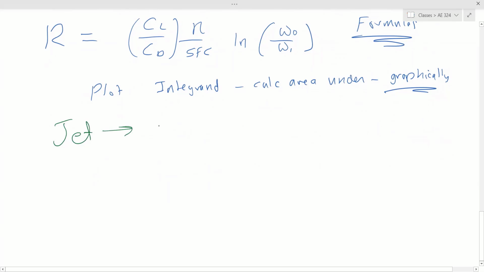Well, if you remember, for a jet, we always dealt with thrust rather than power. And so that's the only difference, is you have the thrust specific fuel consumption.